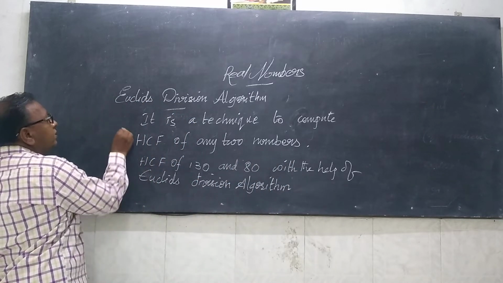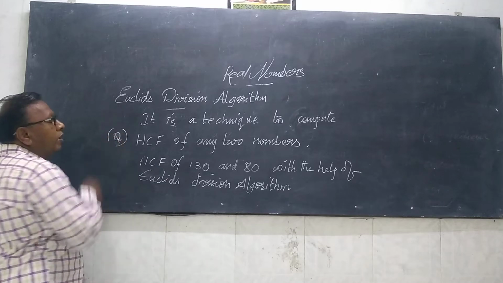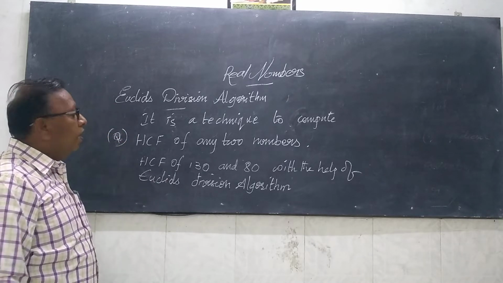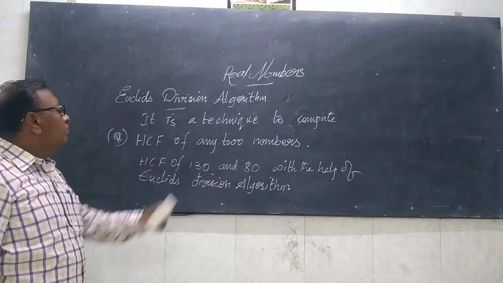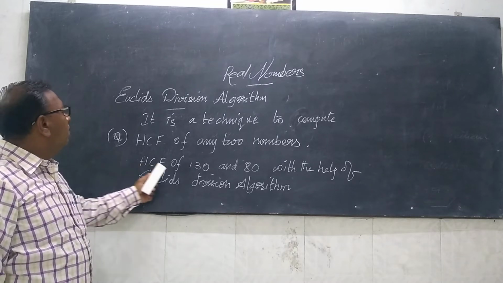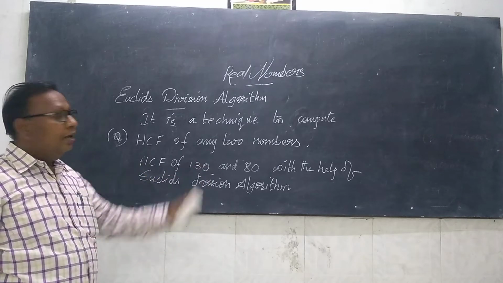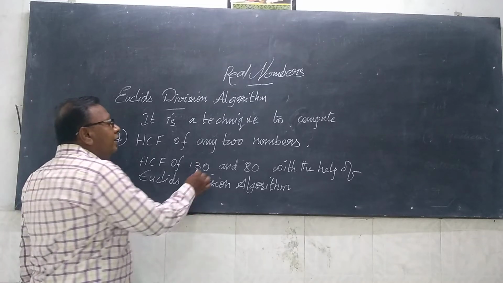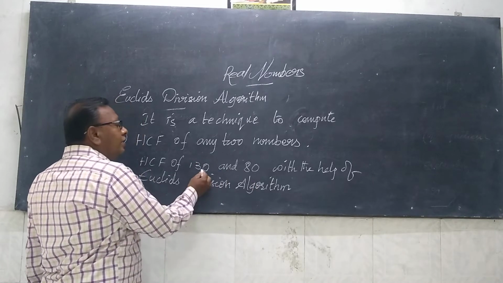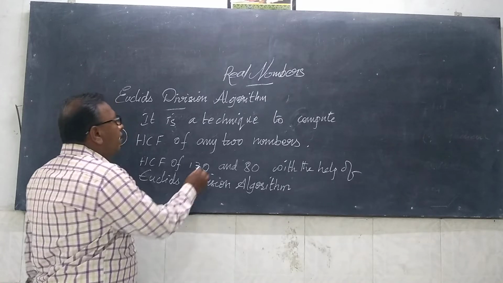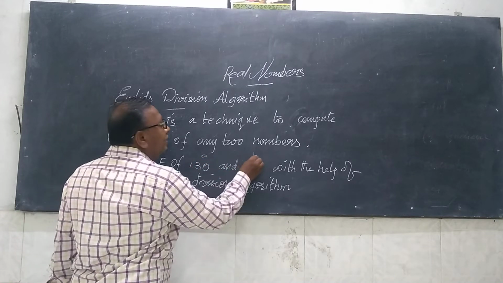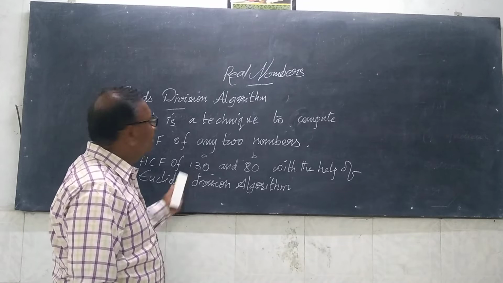So this is our question. Among 130 and 80, 130 is greater, so we can take this as a and this as b, a greater than b.